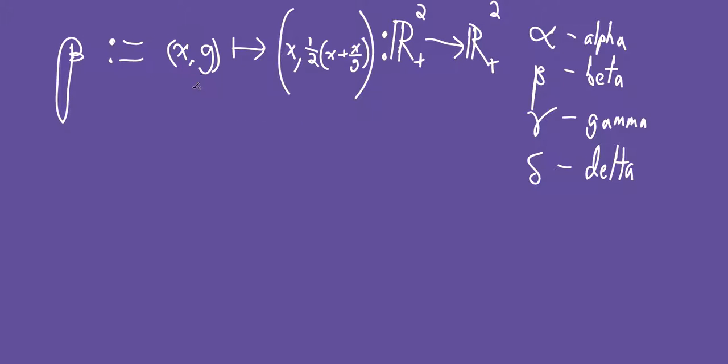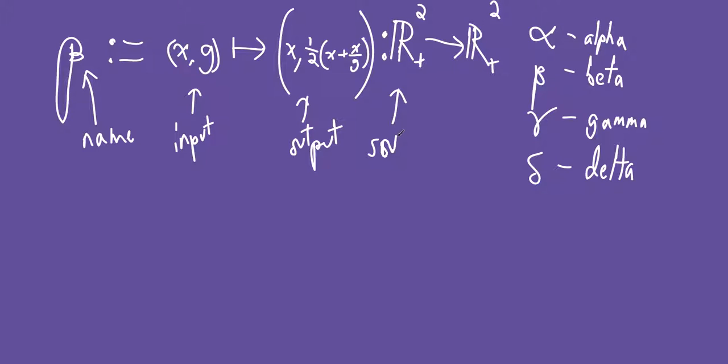We say this notation works: name, input, output, source or domain, and target, otherwise known as range.